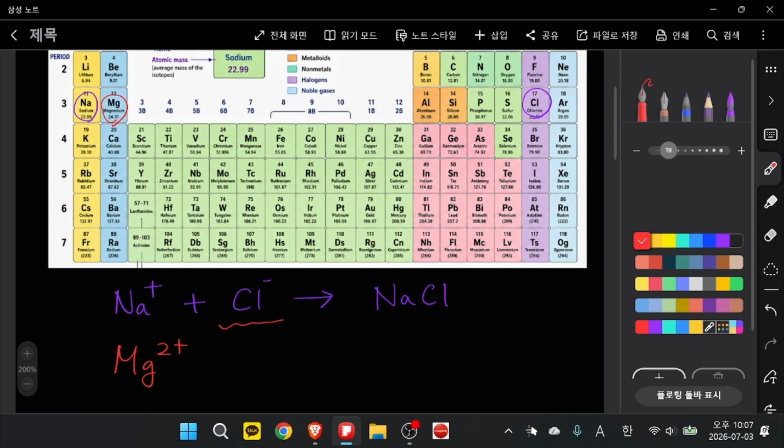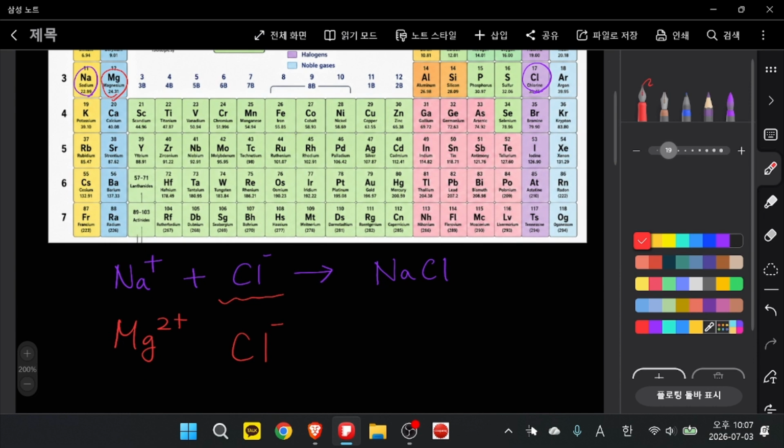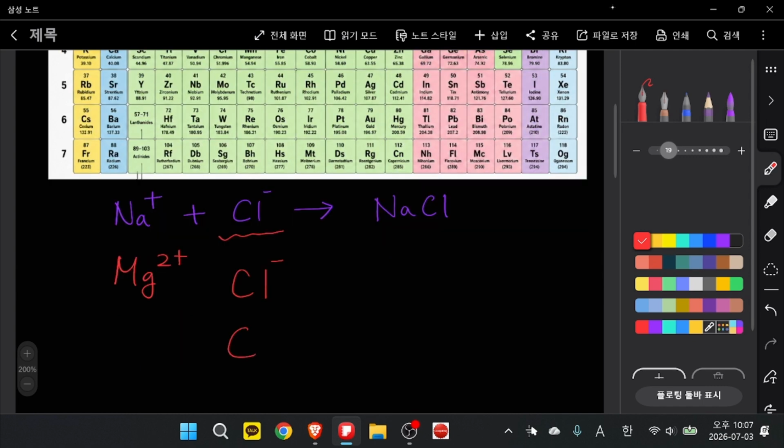Each chlorine atom gains only one electron, becoming Cl-. That means one magnesium ion needs 2 chloride ions to balance the charges.